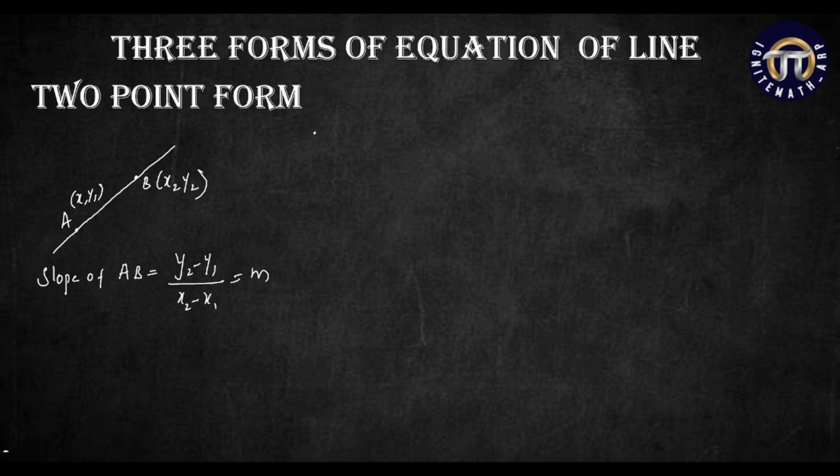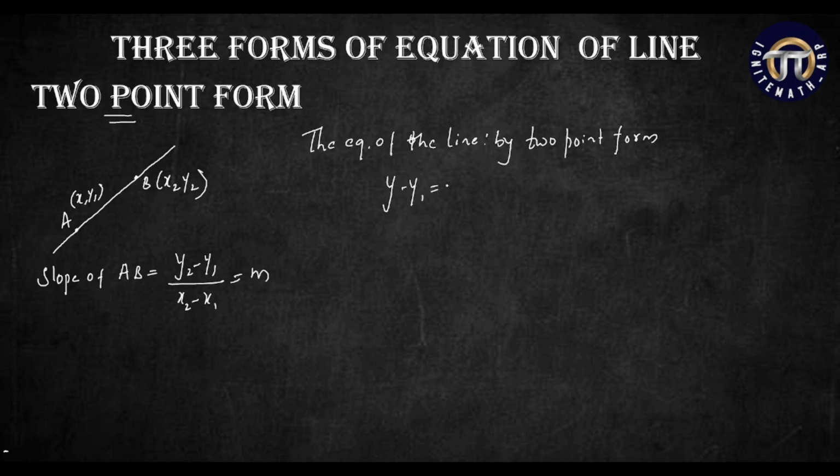So now the equation of the line by 2-point form is given by y minus y1 is equal to m of x minus x1. Clear, children?